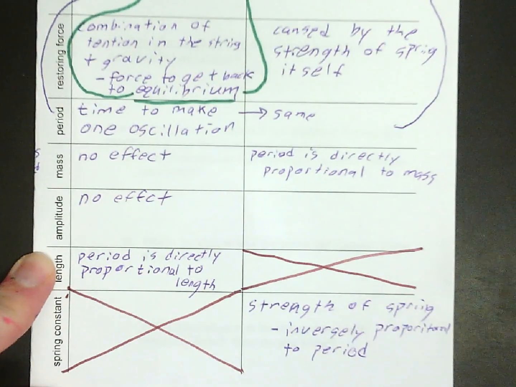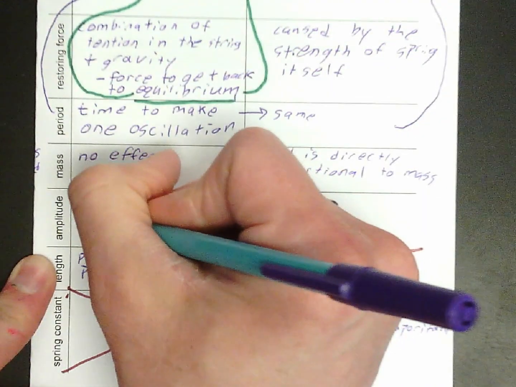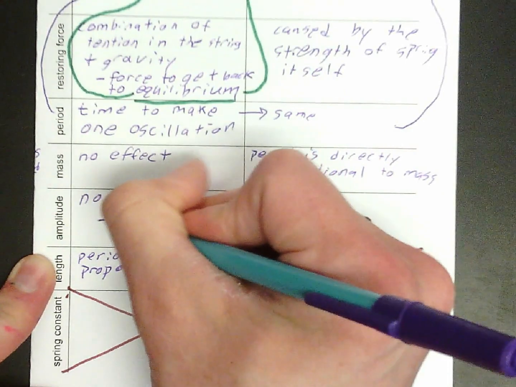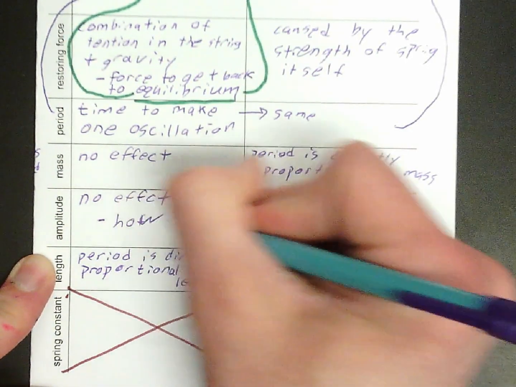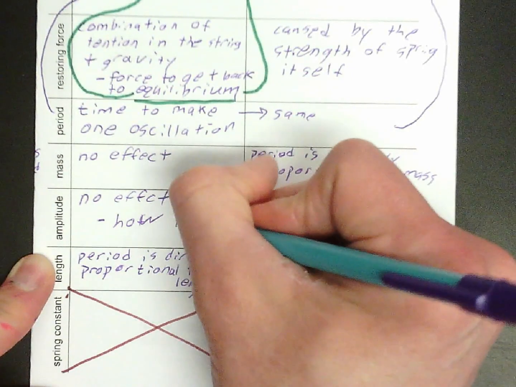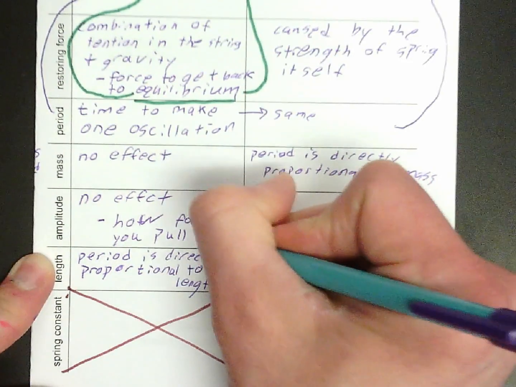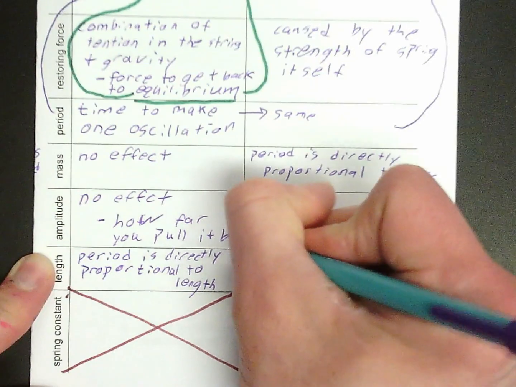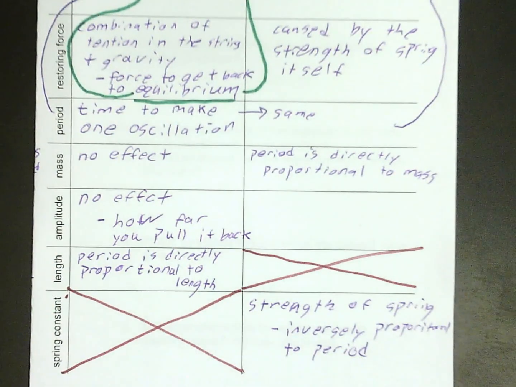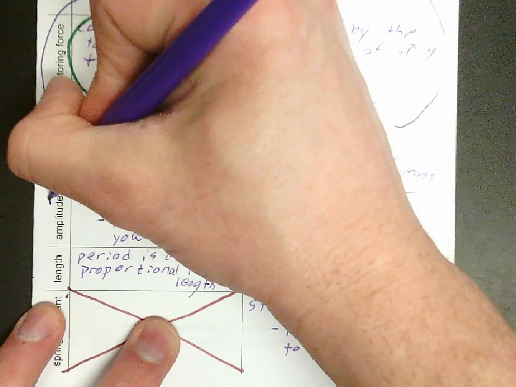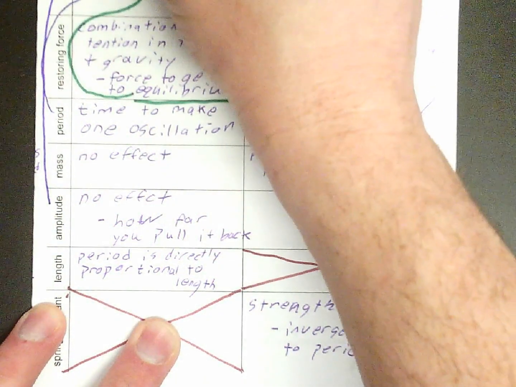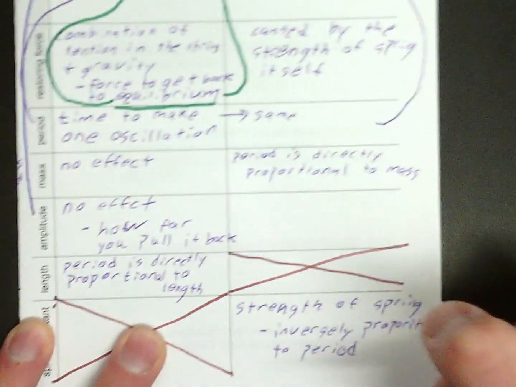Just to recap what amplitude is. Amplitude is how far you pull it back. Amplitude is this, how far you pulled it back.